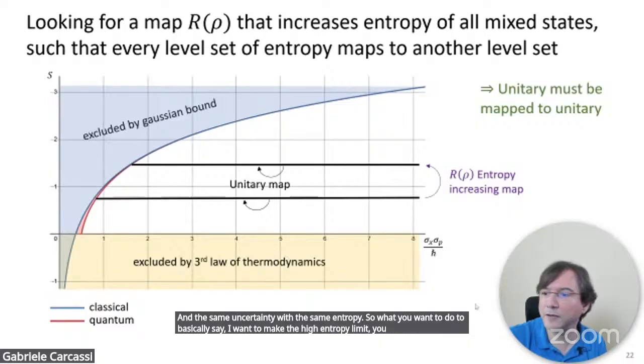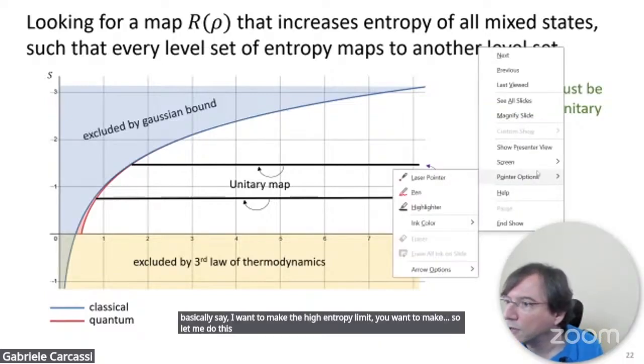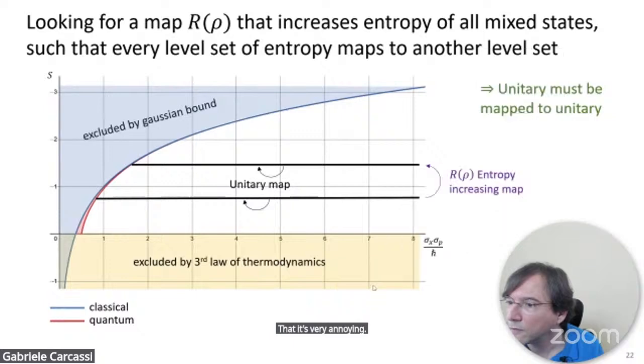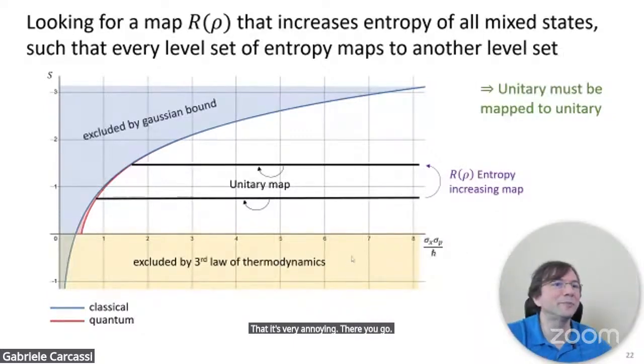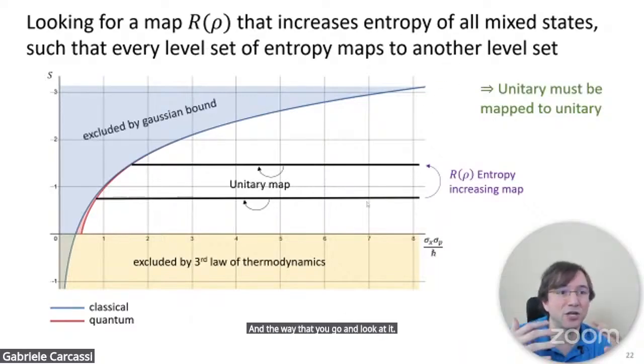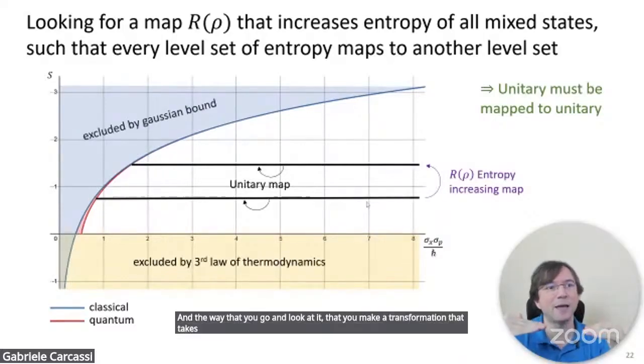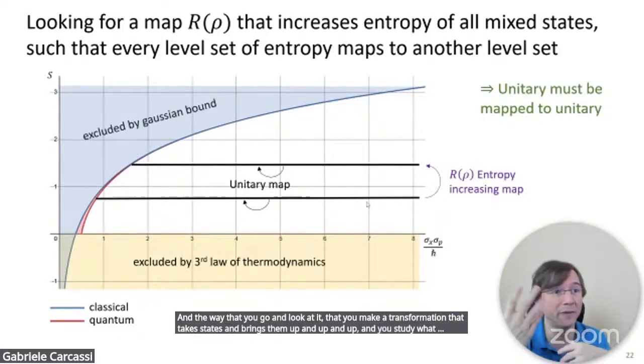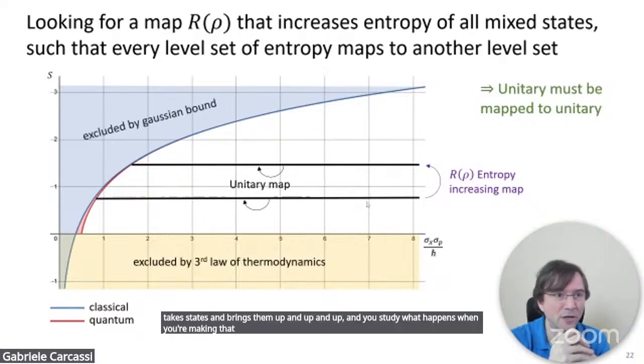So what you want to do to make the high entropy limit, let me do this first. It's very annoying. There you go, the pointer keeps disappearing. Okay, so you want to look at what happens at high entropy. The way you look at it is you make a transformation that takes states and brings them up and up and up, and you study what happens when you make that change.